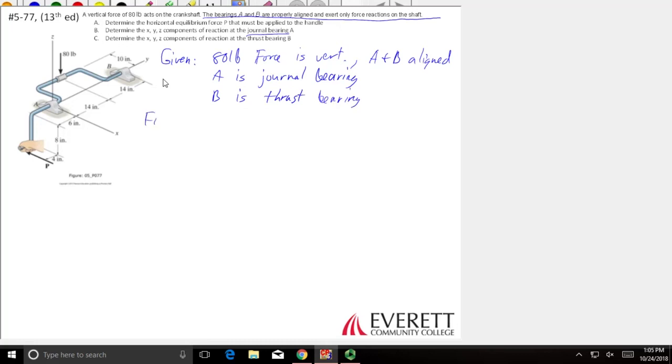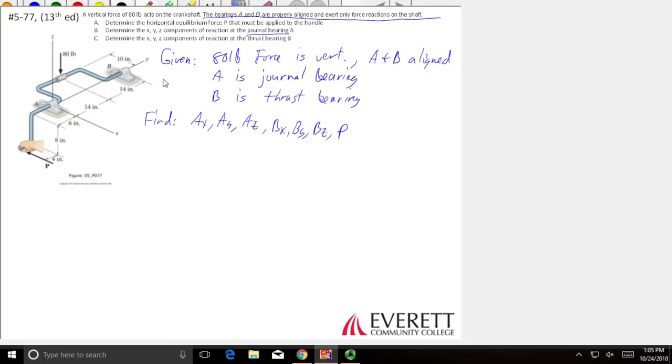And we're supposed to find AX, AY, AZ, BX, BY, BZ, and P. Okay, that's a lot of unknowns.